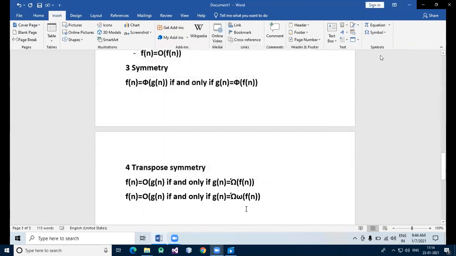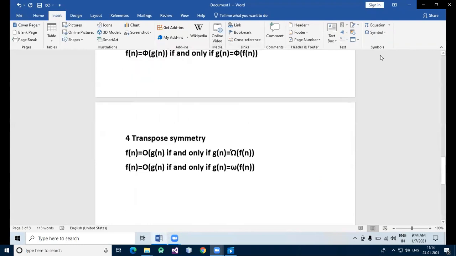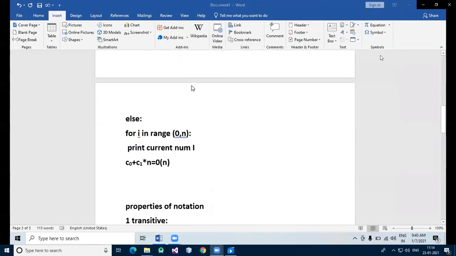So some other properties of asymptotic notation are there. These are the properties of notation which we have studied, that is omega notation.